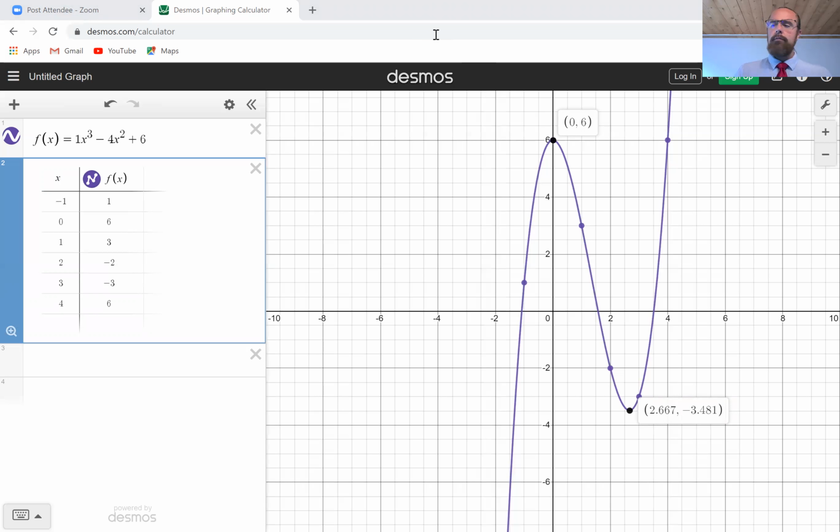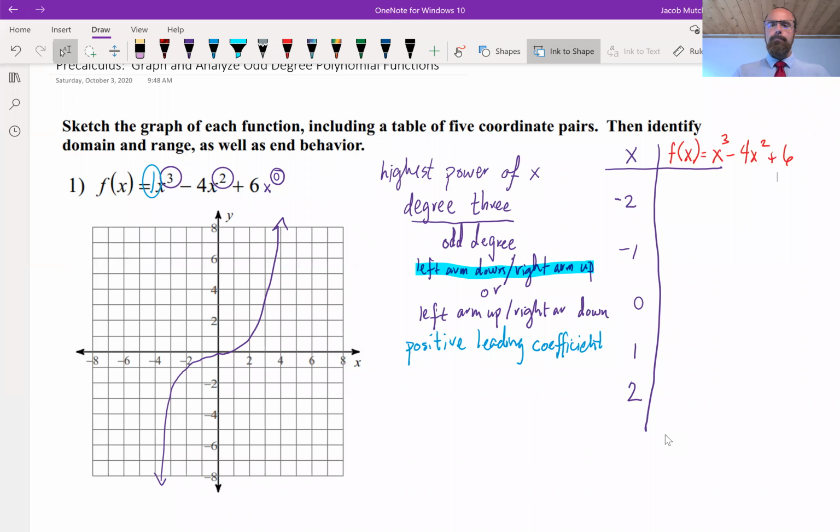I just want to fill in my table here. Let's adjust our domain. We had excluded -2, and we'd also included 2.6 repeating, 3 and 4. So remember, you choose the domain values.